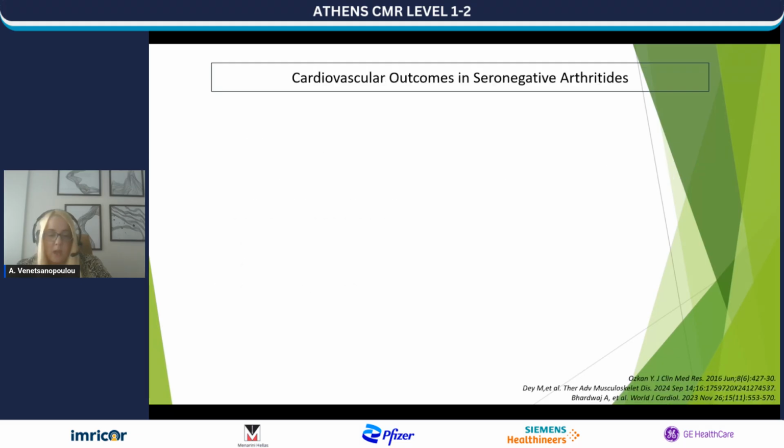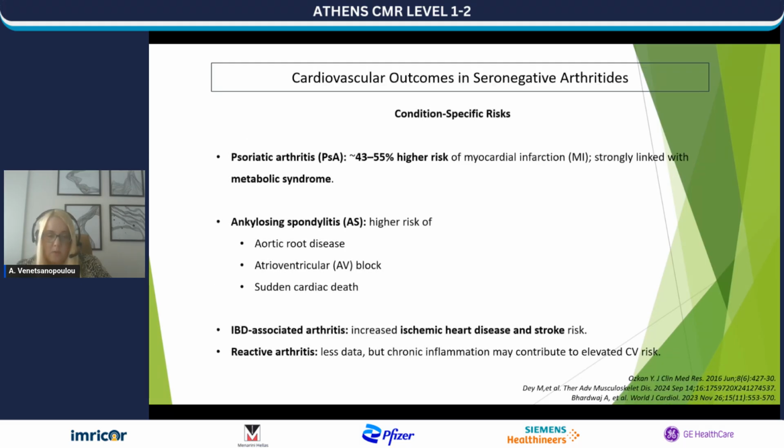So, looking at condition-specific outcomes, in psoriatic arthritis, the risk of myocardial infarction is up to 55% higher, closely tied to metabolic syndrome. In ankylosing spondylitis, we often see aortic root disease, atrioventricular block, and even sudden cardiac death.